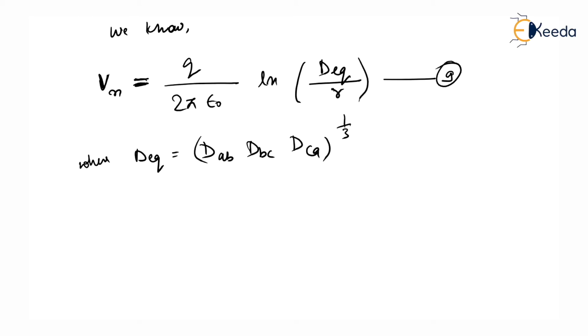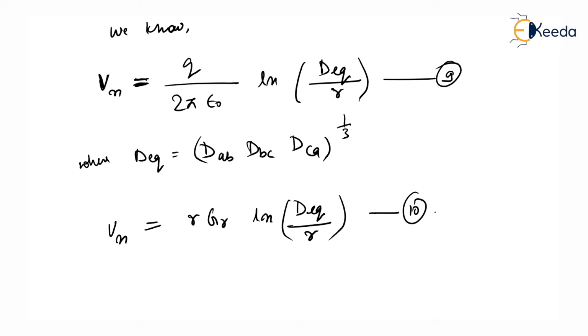So this equation number 9, we can write this as Vn equals, and we know Q upon pi epsilon naught equals 2RGR. So 2 cancels out, this is R into GR log D equivalent by R. This is equation number 10.